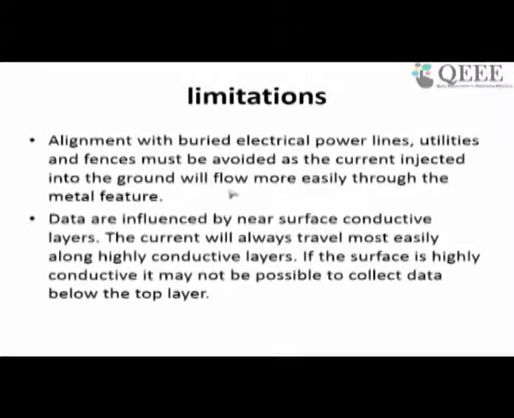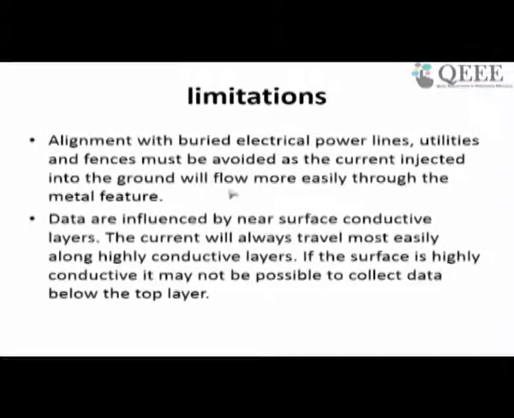So in case you have electrical power lines, utilities or fences, you have to be very cautious while doing the test. Many times if electrical power lines are there, the current will flow through these power lines very easily, and that will interfere with your test.